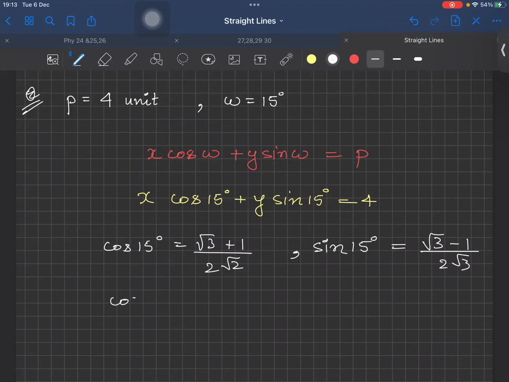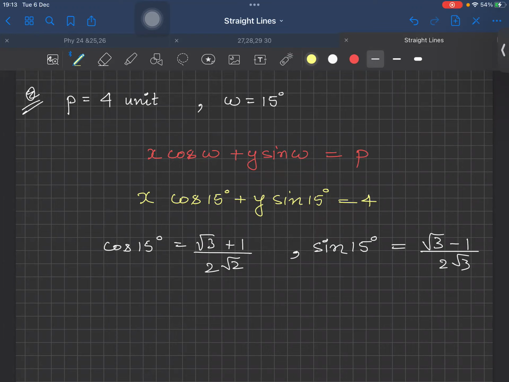See, cos 15, how will you find out? You can write cos of 45 minus 30, so cos A minus B. From there you can find out, right? So we have also done this type of problem. I don't know if you guys remember or not. But this is a value, so you can substitute these values as well.